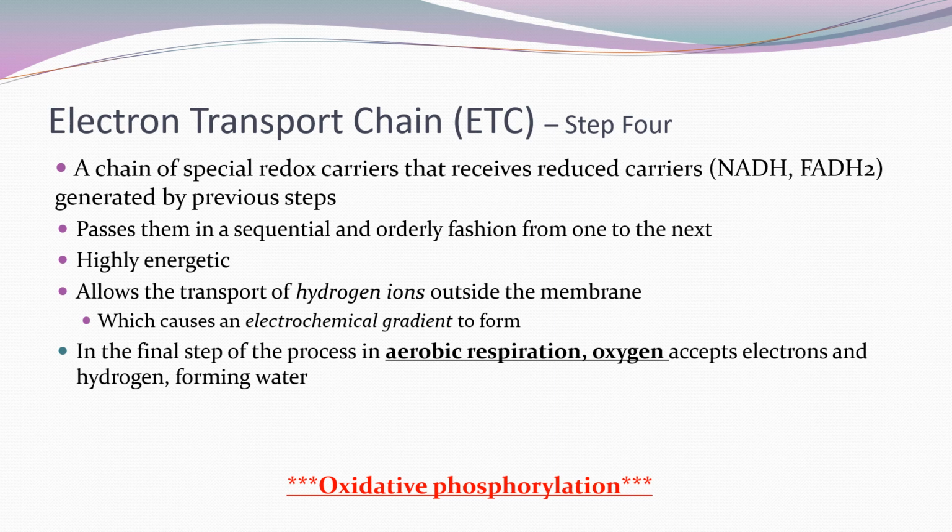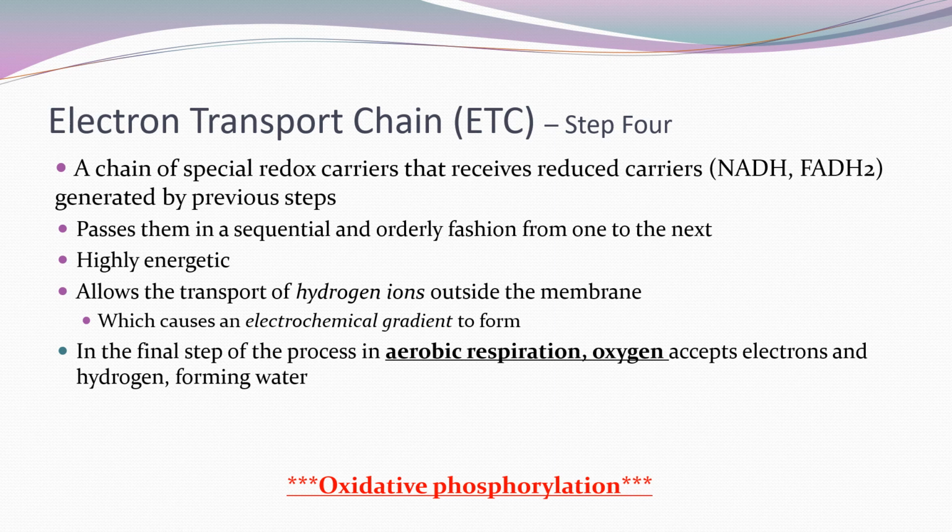So we have the 10 NADHs and the 2 FADH2s. These guys are going to bring electrons into this chain, which is going to be a chain of enzymes. What's going to happen is that this chain of enzymes is going to pass the electrons that the electron carriers have provided from one to the other.